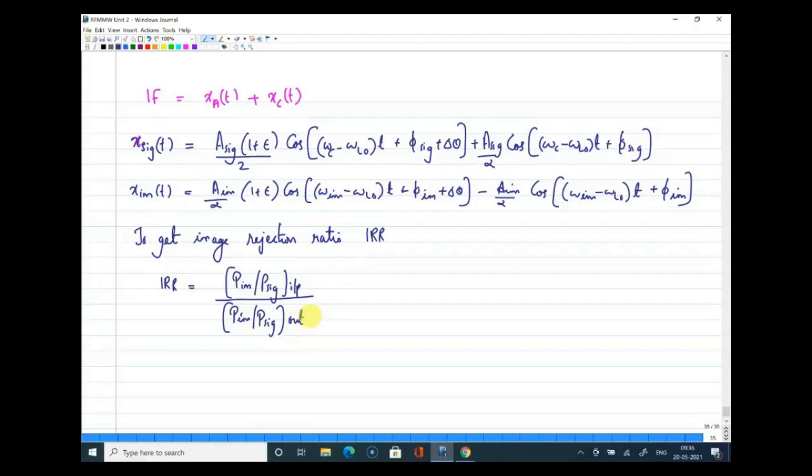Because what we are expecting is at output your image power should be 0. In that case, your image rejection ratio should ideally go to infinity, right? If your image rejection ratio is very high, the receiver itself is good.